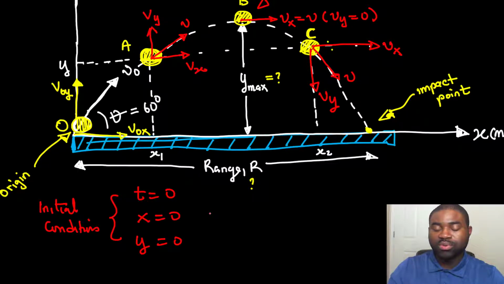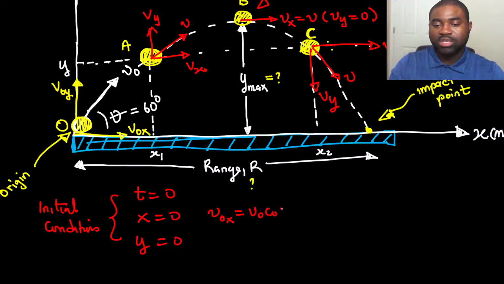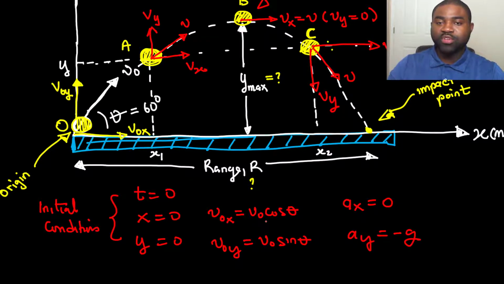We also know that v0x is equal to v0 cosine of theta. We know that v0y is equal to v0 sine of theta. Similarly, ax is 0 and ay is equal to negative g. I have assumed here that the upward direction is positive.